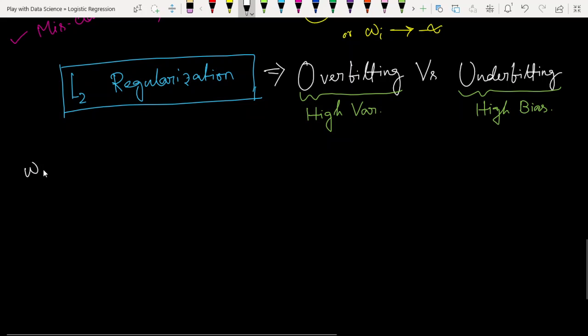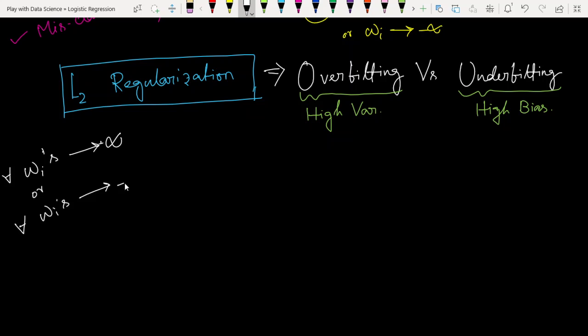One thing we have to remember first, just write it down. If all the wi tend to plus infinity, or all the wi tend to minus infinity, then only does our mathematical optimization problem reach its minimum value.